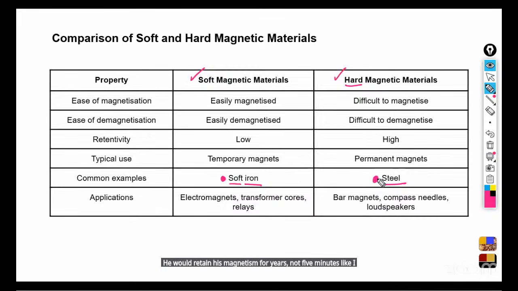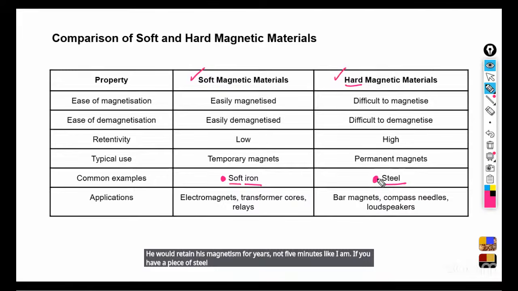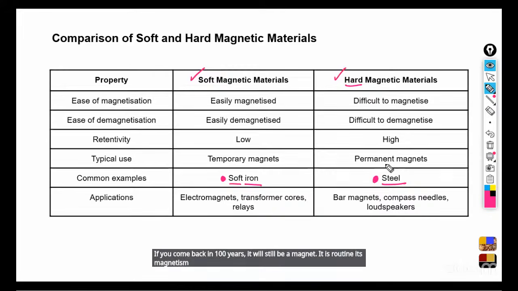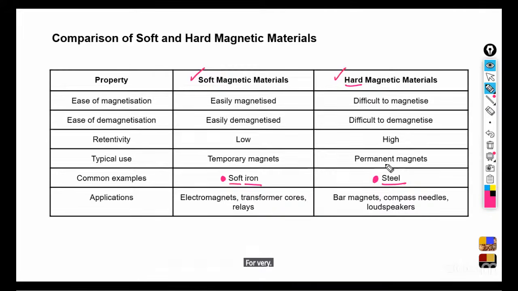If you have a piece of steel and you go today after class and you hit it with a hammer or you run a DC current through it, if you come back in 100 years, it will still be a magnet. It retains its magnetism for very, very long.